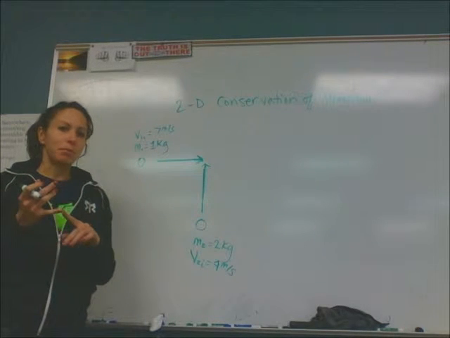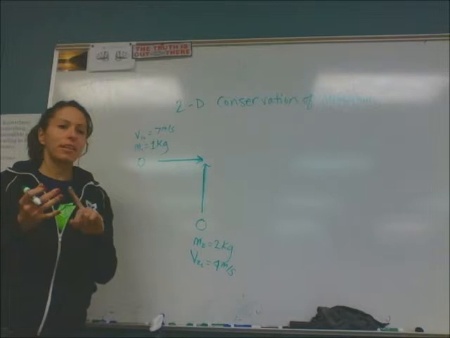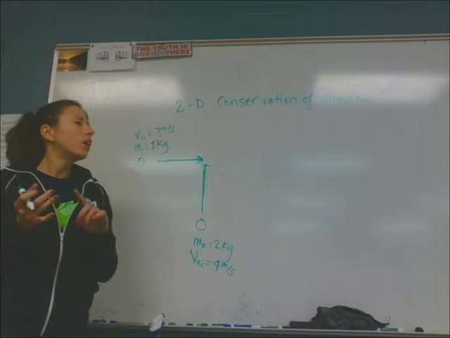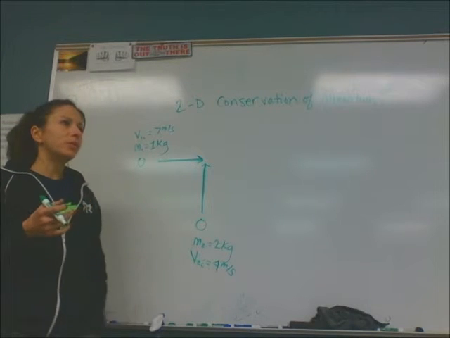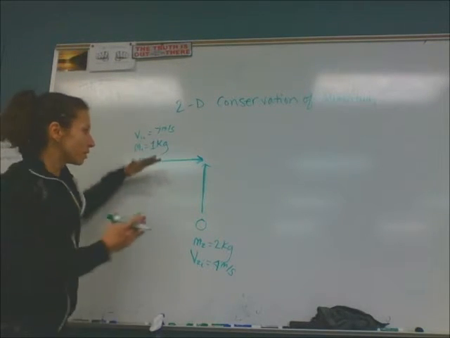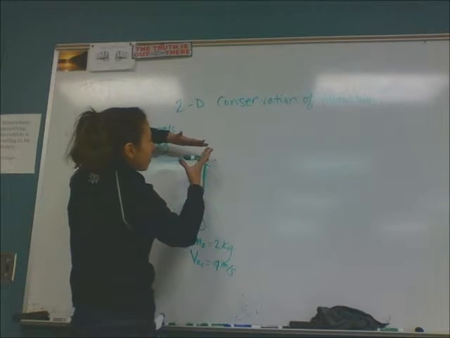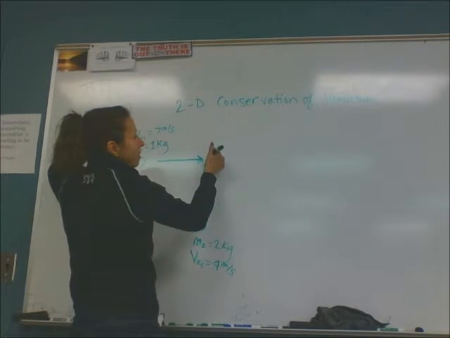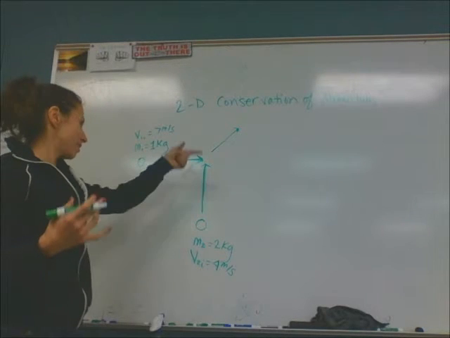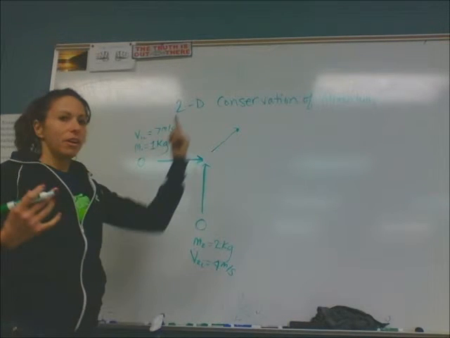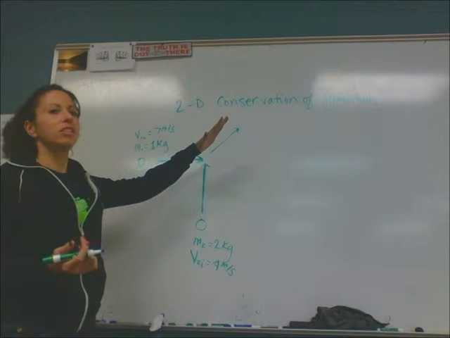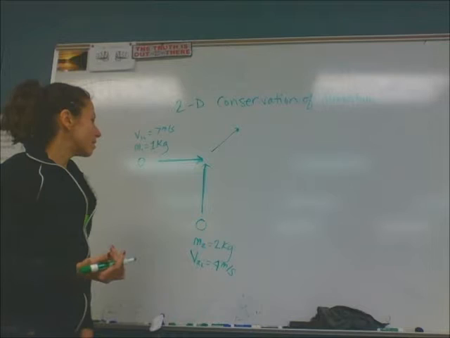One thing that you know intuitively from life experience is that these two things are going to collide and then go off kind of this way, right? That has to be true because the net total momentum is this way and this way. So they're going to go off into the first quadrant, and the question is, what is the angle and what is that final velocity? The two objects will stick together.